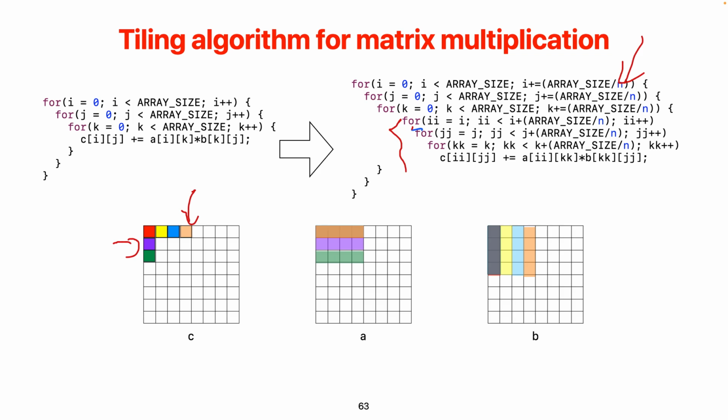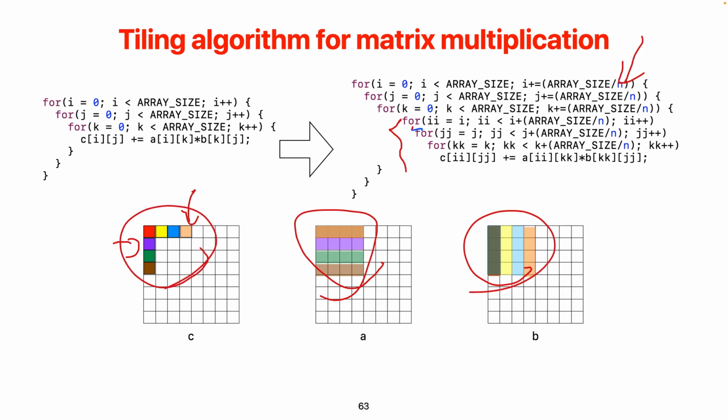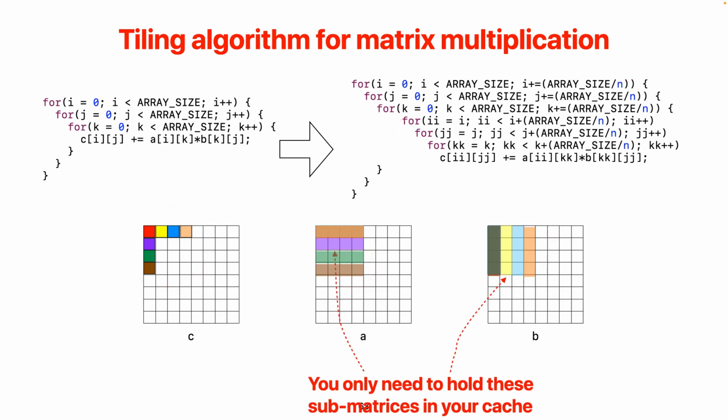What that means is that within a limited amount of time, I'm only going to work on this chunk, and this chunk. And if you program carefully, this sub-row and sub-column would all fit into your cache, right? So that's why it will work, right?